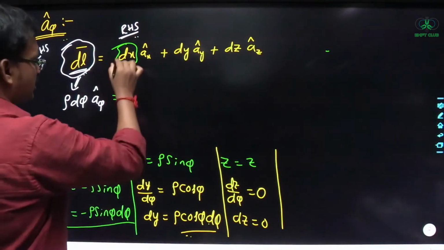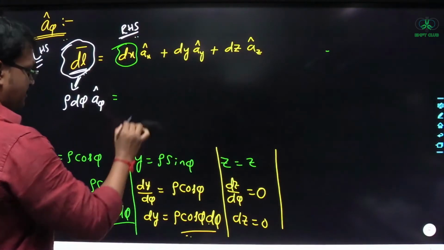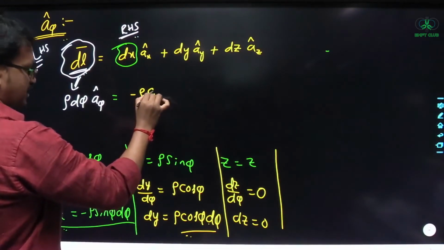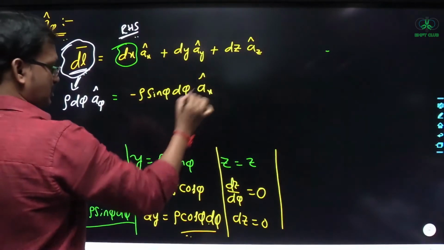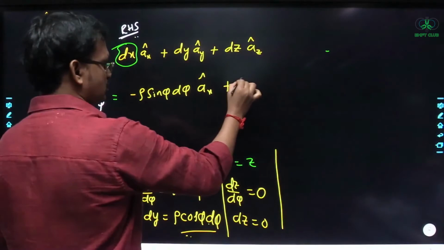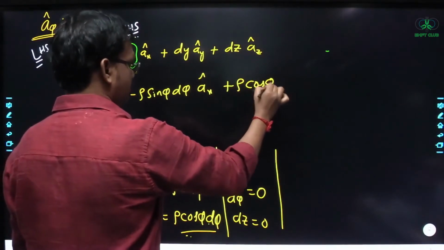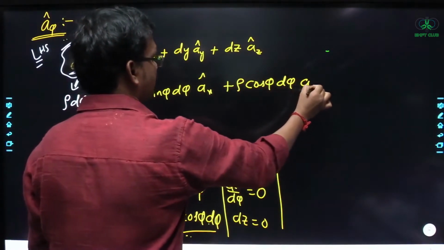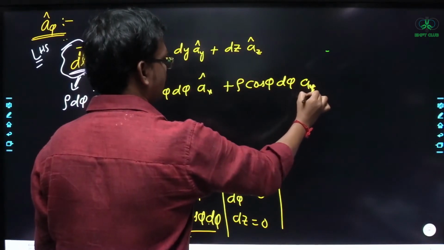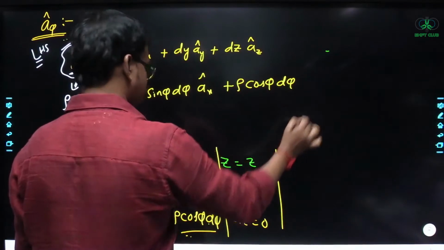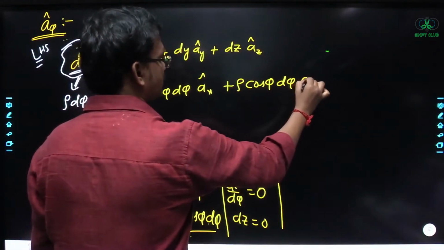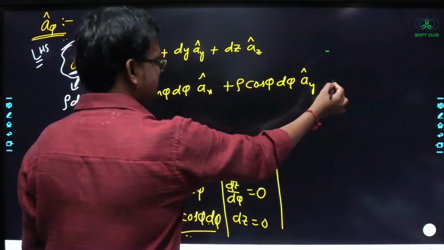So what are you going to get? dx is minus rho sin phi d phi a x cap, plus dy, which is rho cos phi d phi a y cap, and dz is 0.